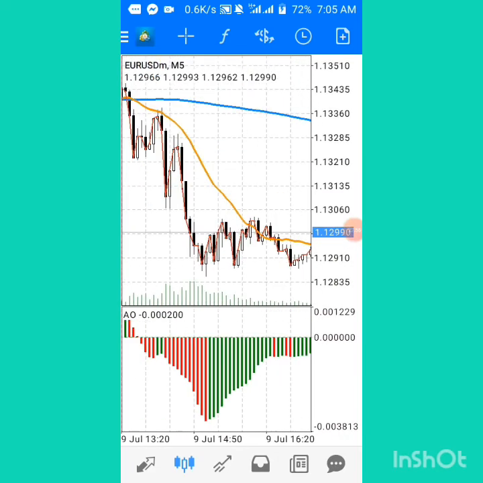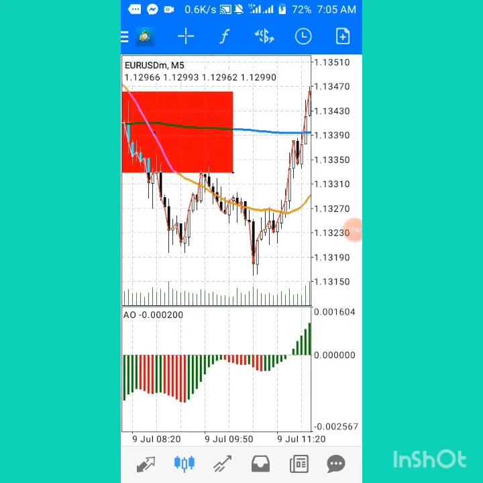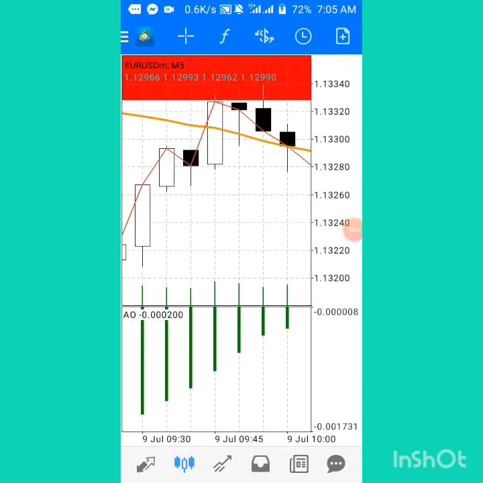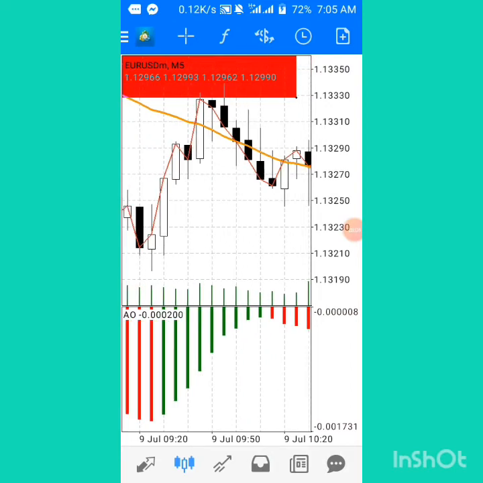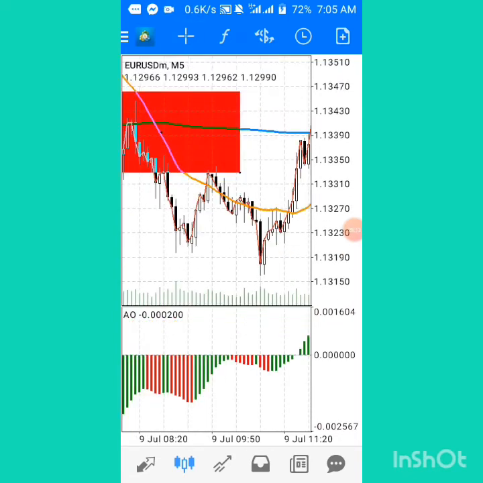Now you can additionally add this as your confirmation: when the red line, the one linear weight, goes into, for this example, it has crossed down, but the one linear weight moving average entered into the space between the orange line and the blue line.